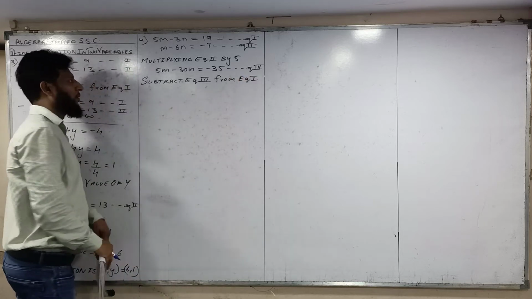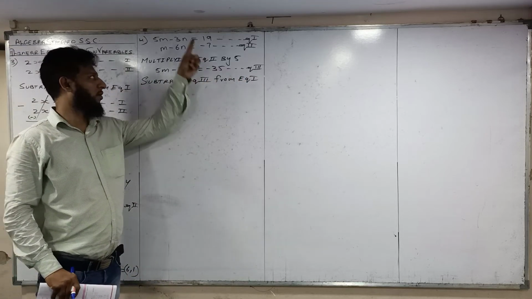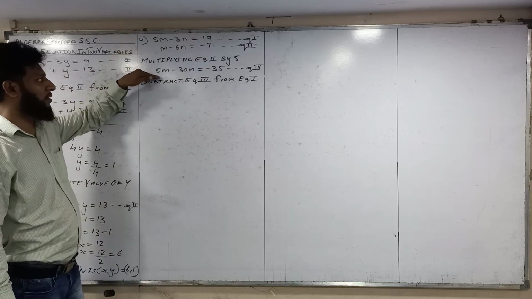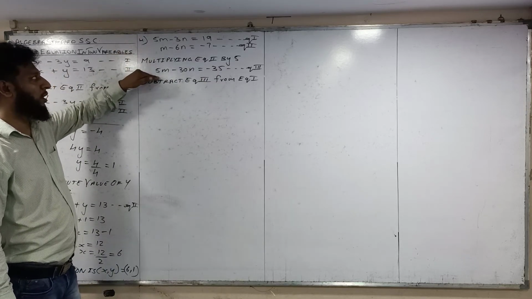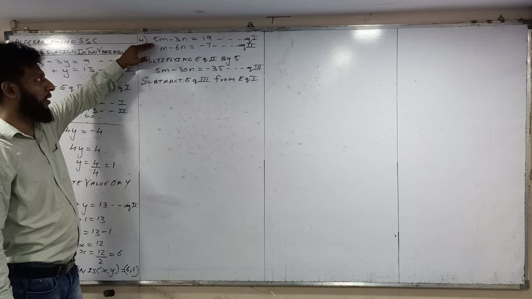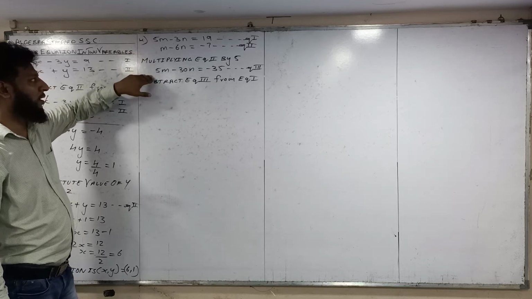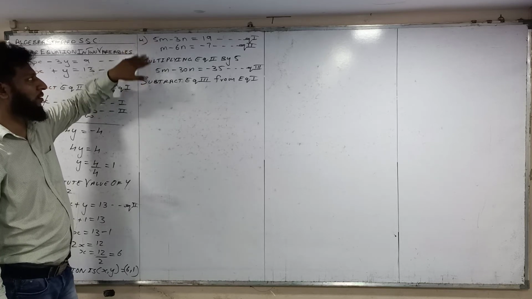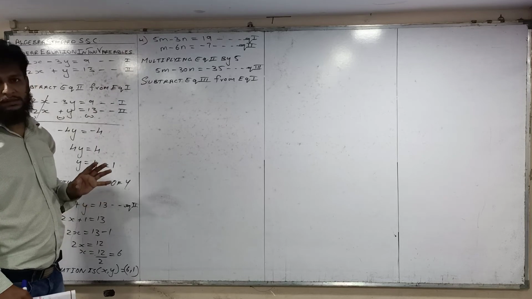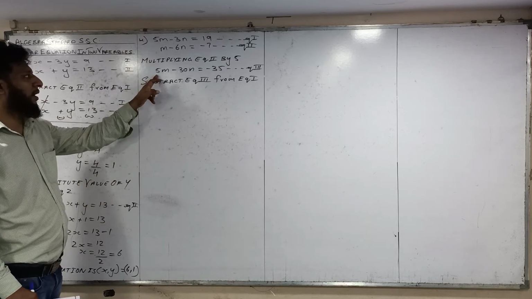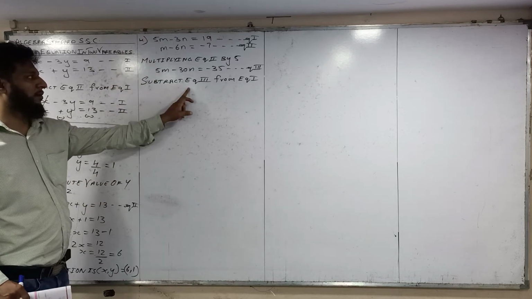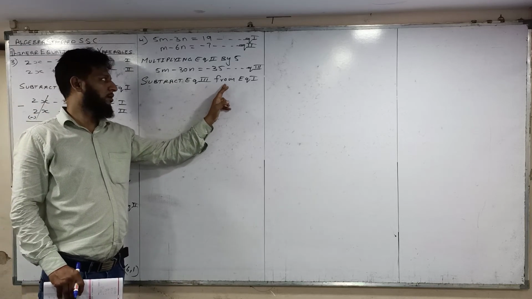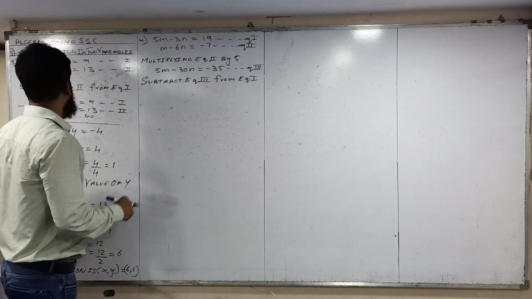We have made equation 3 from 2, so we cannot take 2 and 3. Equations 1 and 3 have the same 5, but in plus sign, so we have to make it negative, that's why we are subtracting equation 3 from equation 1.